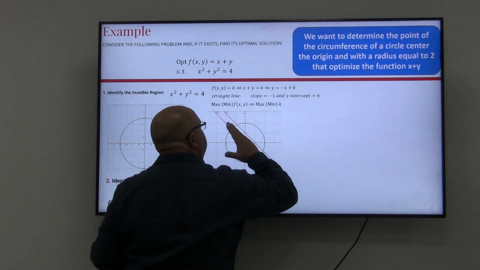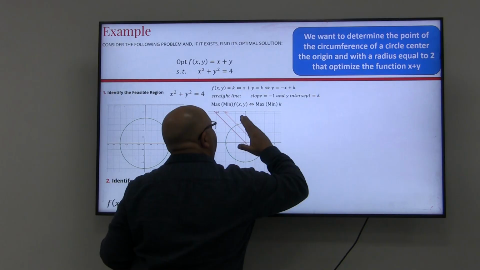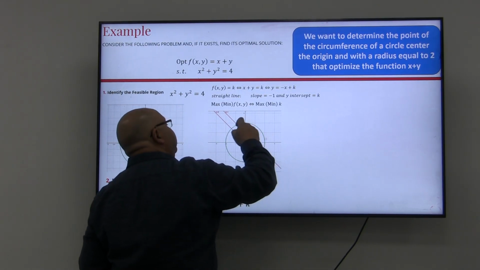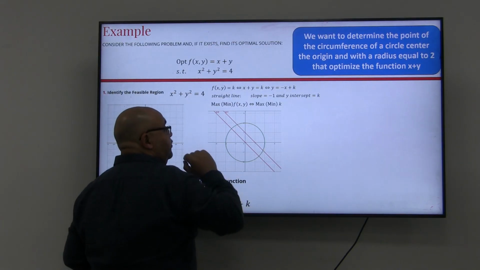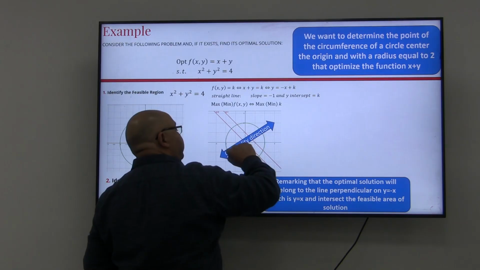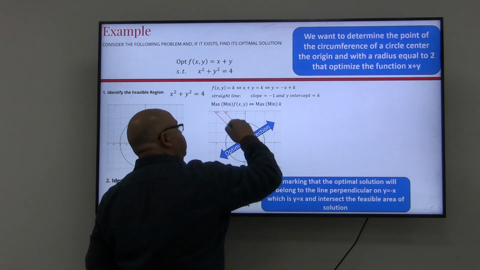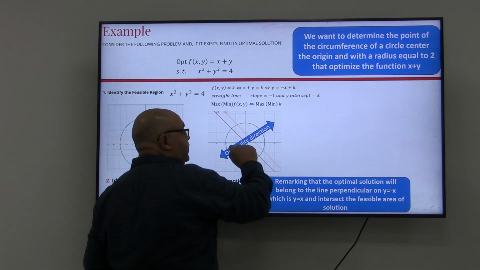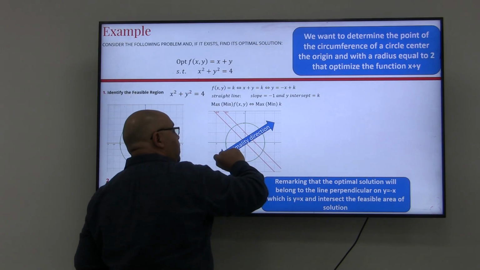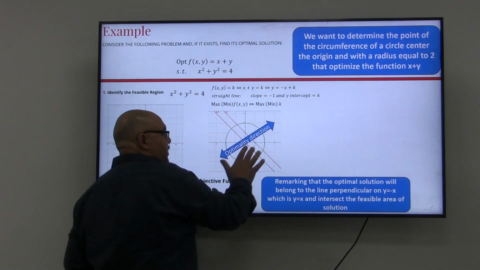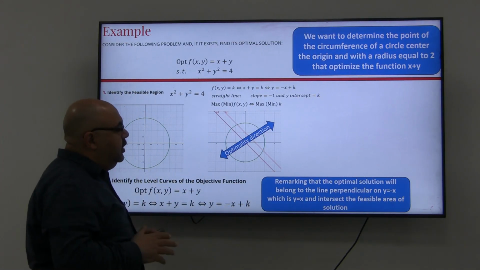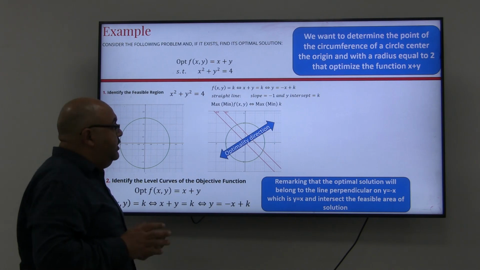So I will try to move till the last line that will touch my circle, and from the other direction. Of course, this is the direction of optimality. If I'm moving in this direction, which is perpendicular to y equal to negative x, moving up I will be maximizing, moving down I will be minimizing. That's the direction.